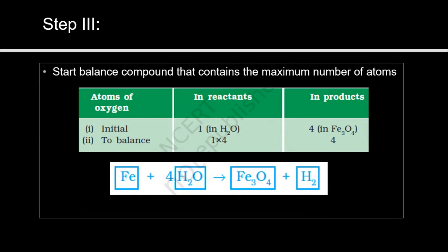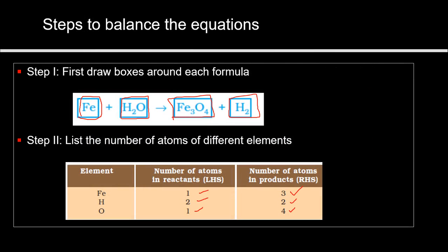Next, the third step, we are going to start balancing the equation. First, the atom which is present in the maximum number in a compound, we have to try to balance that. So here see that oxygen is 4, oxygen has the maximum number of atoms on both sides.